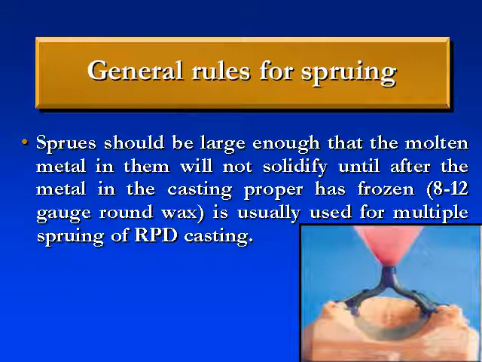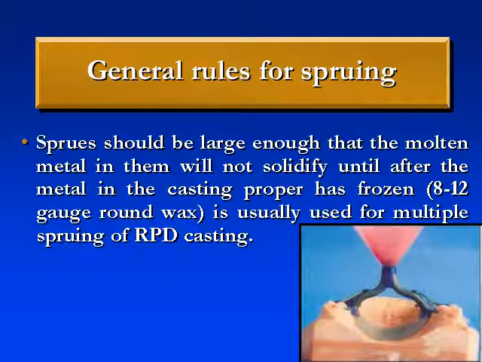By general rules for sprueing, the sprues should be large enough that the molten metal in the sprue will not solidify earlier than the metal in the casting framework has frozen. So it is preferable that the round wax used for the sprue be between 8 and 12 gauge.